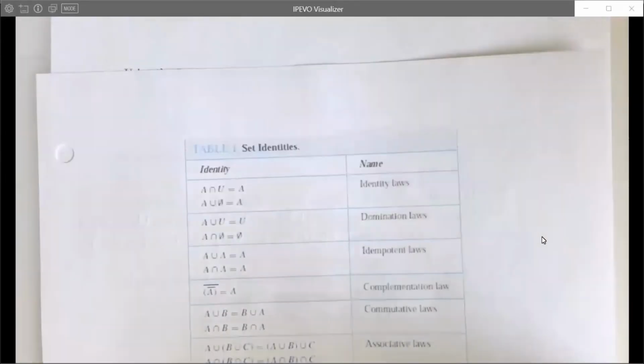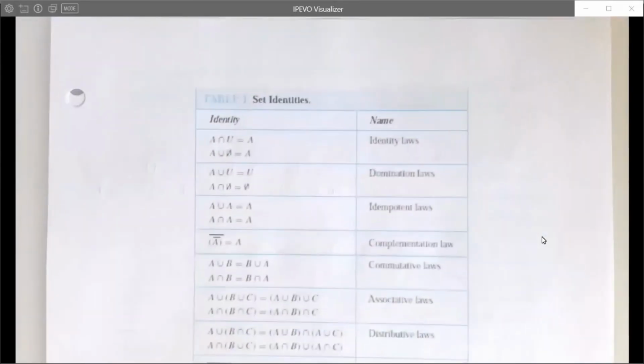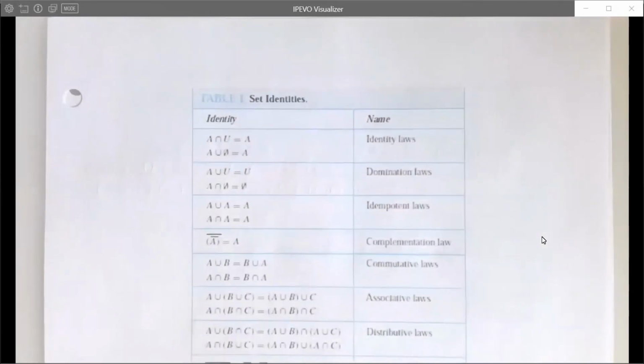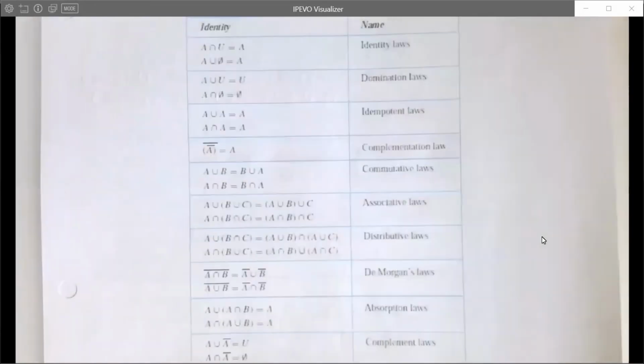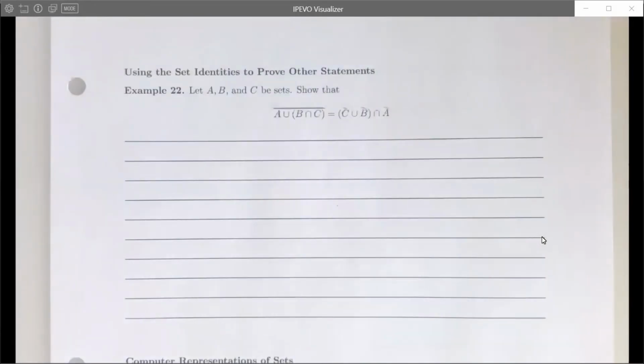Right, so at this point, we're going to assume that all of the identities found on page 13 on table 1 have already been proven by one of the three methods that we described before. So we're going to take them as fact and instead use them to prove other statements, such as what example 22 is asking us to do.